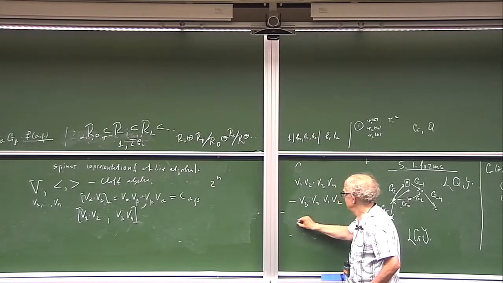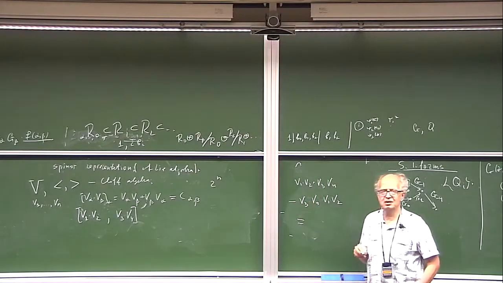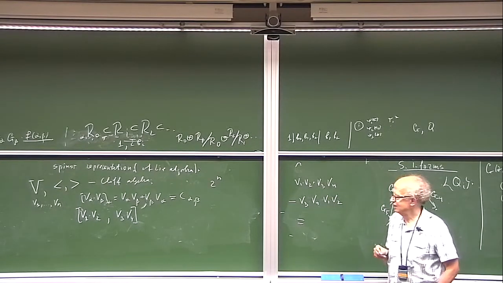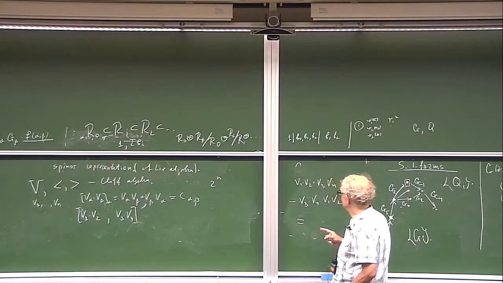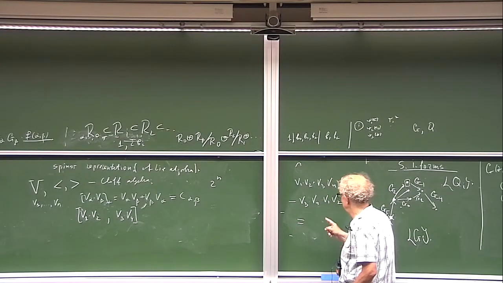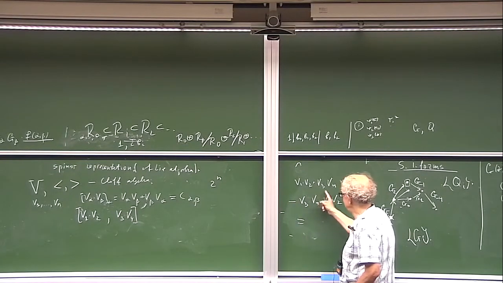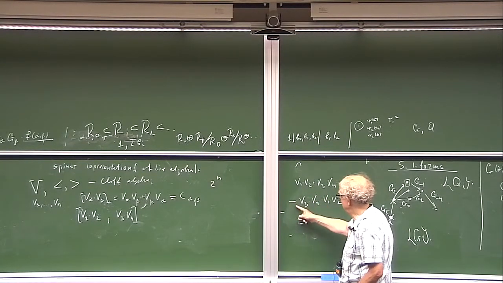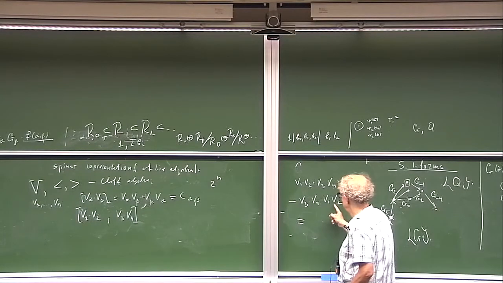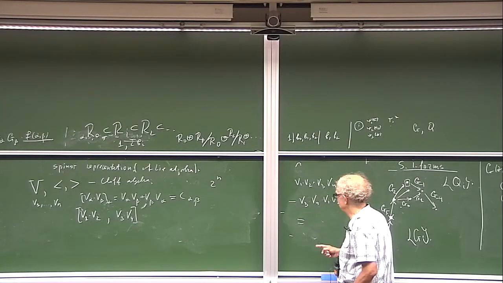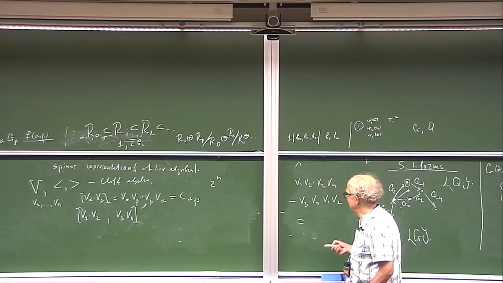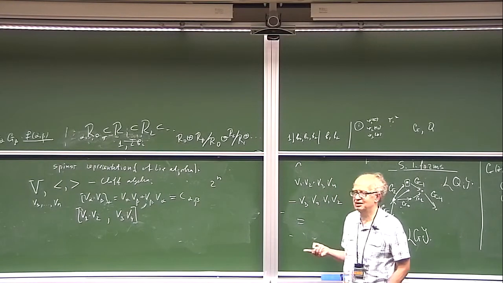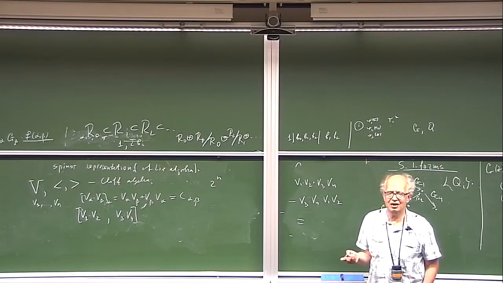Then, what is this? We have such a relation, and it means that we need to rewrite it and put V1 in the first position, then V2 in the first position, and then compare the corresponding results.